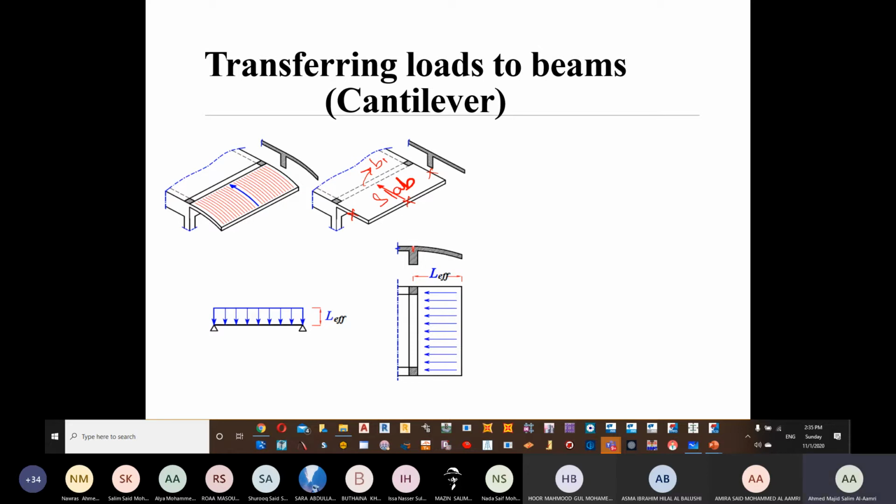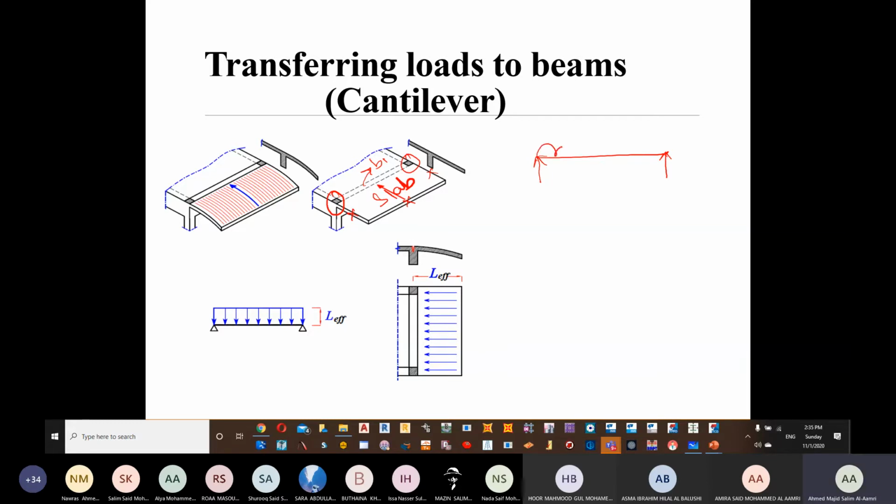Okay. Now if I try to draw the beam, this is my beam. The beam is supported by a column here, so I have drawn the column. Another column, so I have drawn here. Okay. And then now what's the intensity of the load?